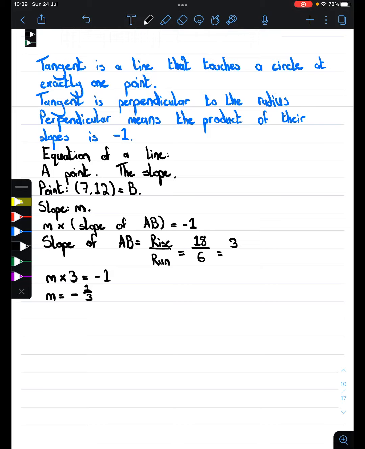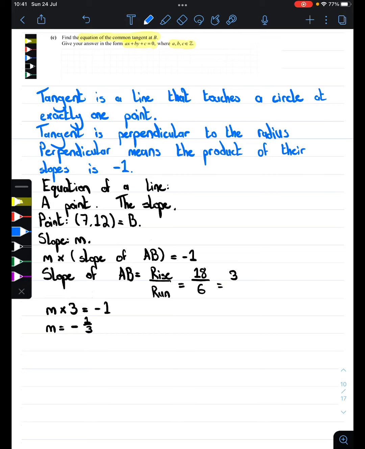All right, so we have a point on the line and we have the slope. And so now we can use the equation of a line formula from the log tables, which is y minus y1, that's the point we need, equals m, which is the slope we need, times x minus x1. Alright, so x1 is 7, y1 is 12, and m is -1/3.